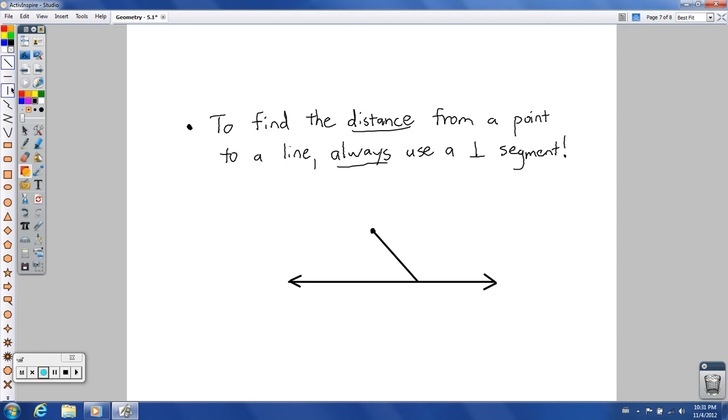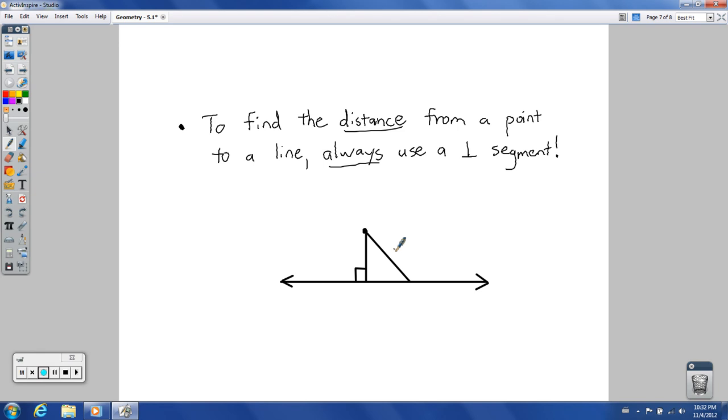But if you were to draw a perpendicular segment, there's a perpendicular segment to that. So this right here is perpendicular to there. And so I'm going to make a little notation here, in a different color. This one is not the distance, because it's not perpendicular.